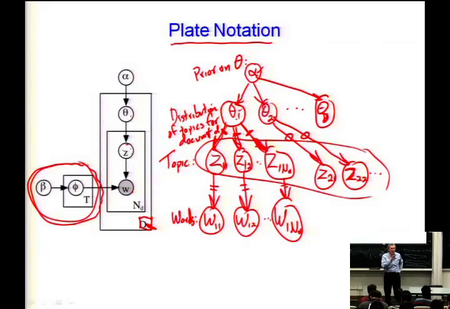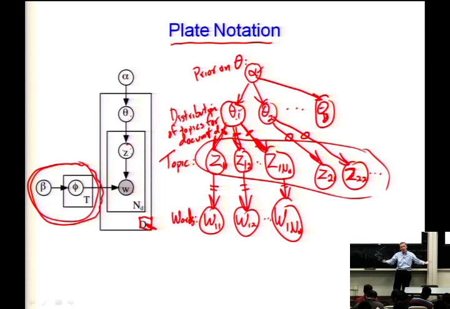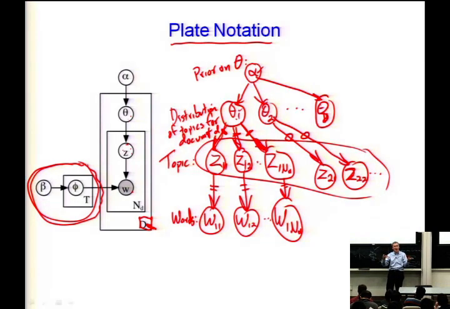To think clearly about this, we need to separate out two things. One is, what are the values that the random variables take on in a particular document, in a particular draw of the joint assignments of all the random variables in the Bayes net. Every time we see an example, that corresponds to a different draw of the values.